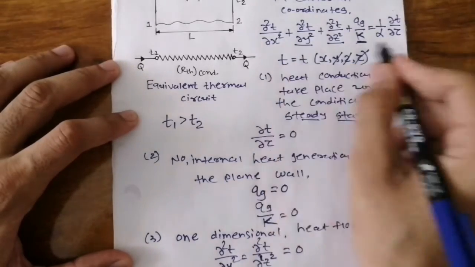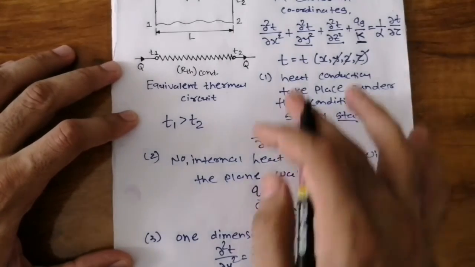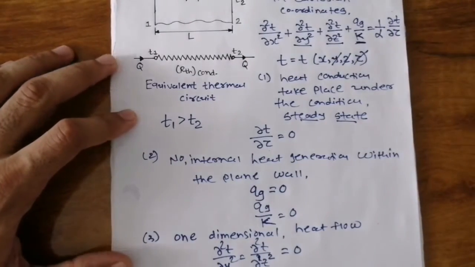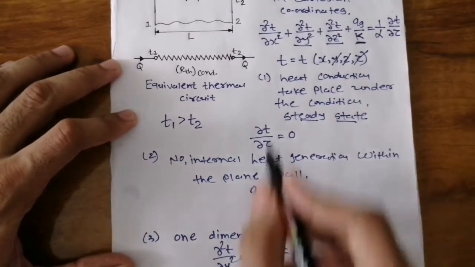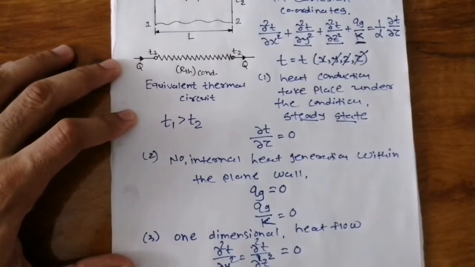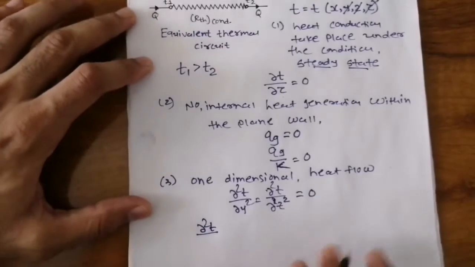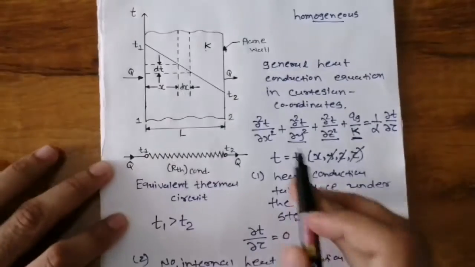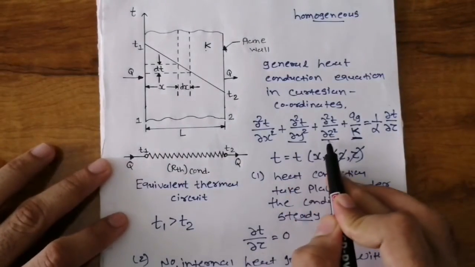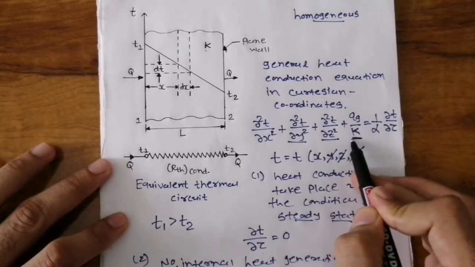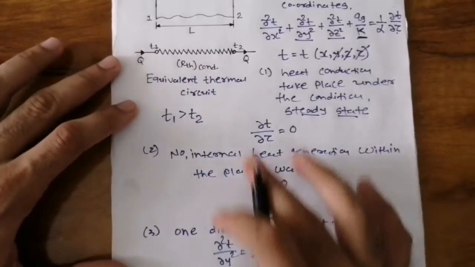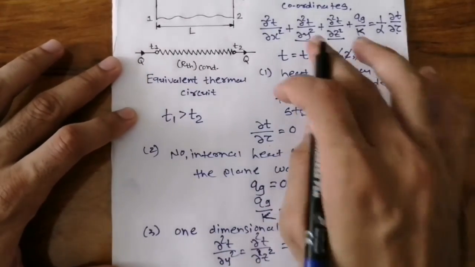So what will be our Cartesian coordinate equation now? According to the three assumptions, we reduce the Cartesian coordinate equation. So we write del square T by del x square, plus del square T by del y square, which is 0, plus del square T by del z square, which is 0, plus Qg by K, which is 0, is equal to del T by del tau, which is also 0, because of the three assumptions.